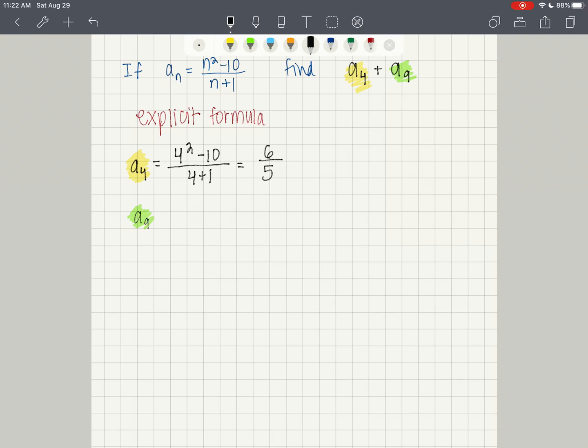So a sub 9 is equal to, going back to this formula, 9 squared minus 10 over 9 plus 1. 81 minus 10 is 71 over 10. Now I'm going to take 6/5 and add 71/10 to it. I'll get a common denominator.